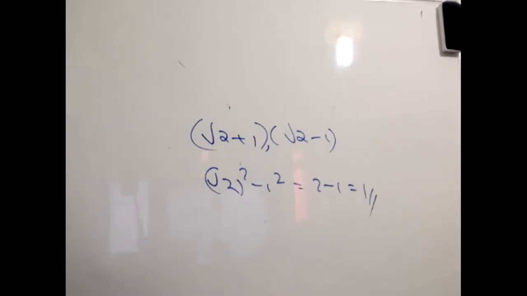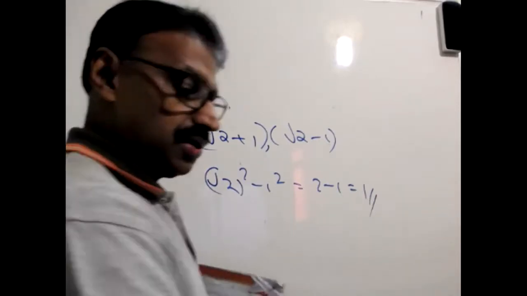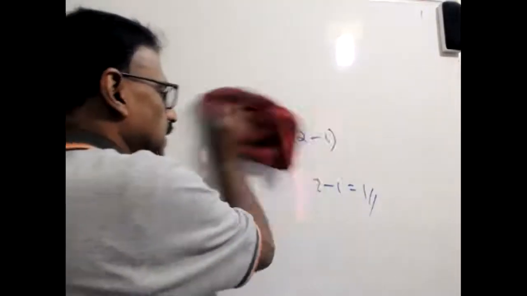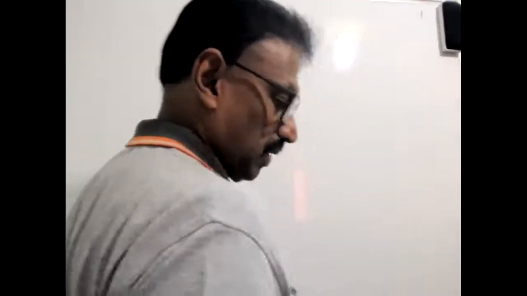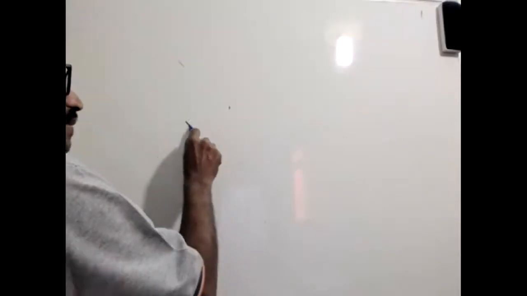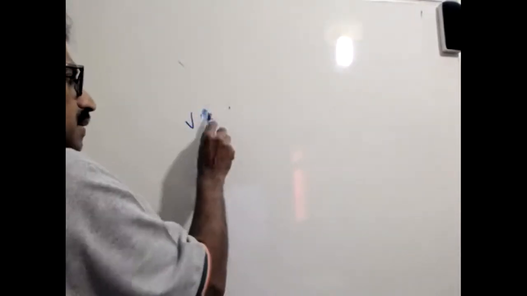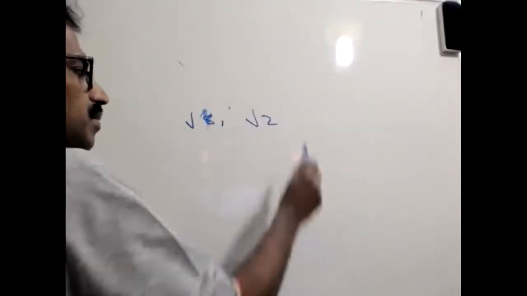Okay, next one. Quotient of two irrational numbers is rational. Okay, root 8 and root 2. What happened?